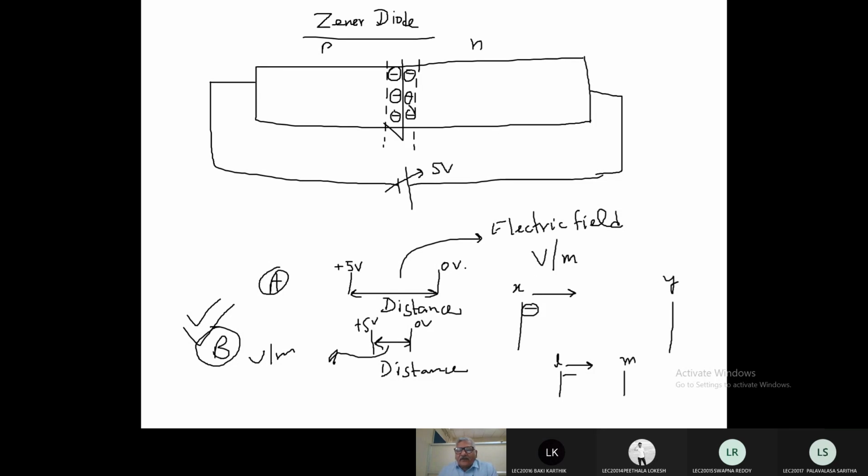Suppose this is my case A and this is my case B. In which case will it gain high velocity, A or B? Case B, sir, it will gain high velocity.